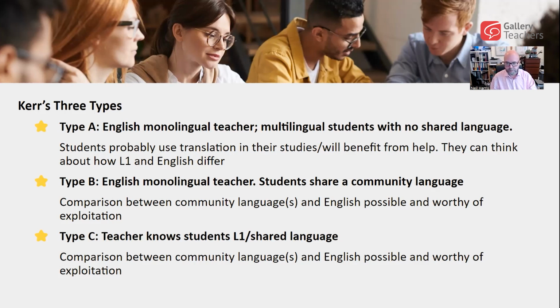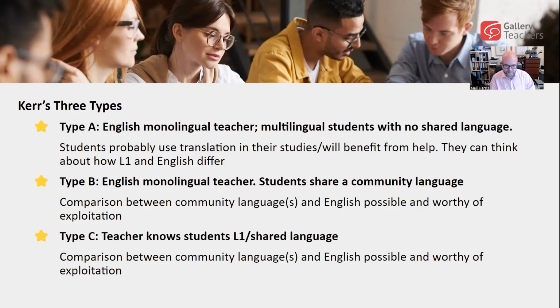I don't speak German, but the students share a language, and therefore that, again, that comparison between the language that the students share. So in Germany, there may be Turkish students in the classroom who have German, which is the language they share as the classroom language in their German school. Okay, so here it's not just about their L1, so there might be some Turkish L1 students in a German school, but the teacher, like me, is a native one.